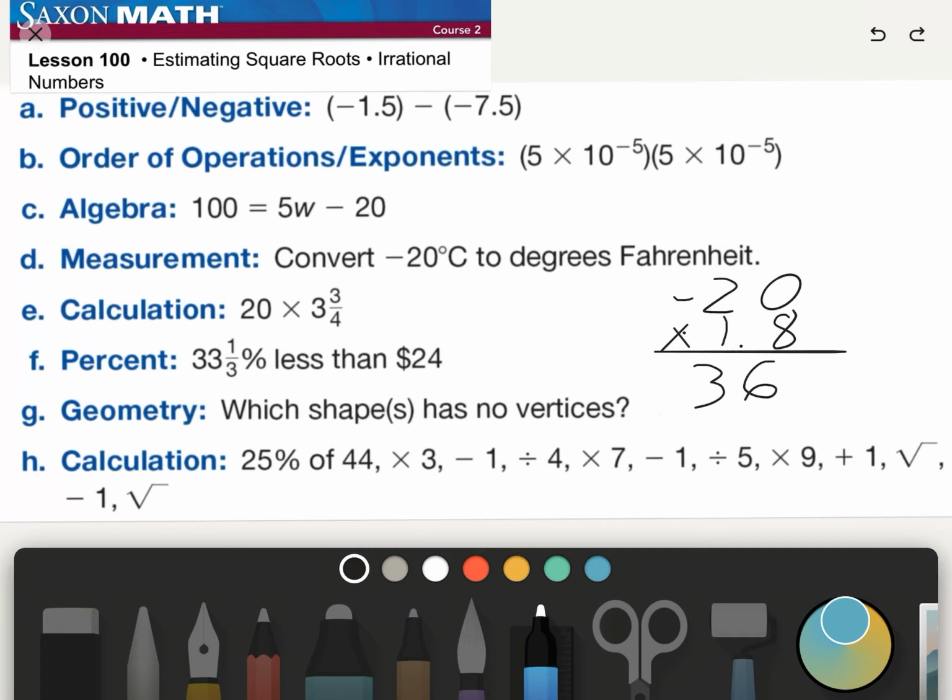And then I add 32 degrees. Of course, this is a negative number, so that will get us negative 4 degrees Fahrenheit.